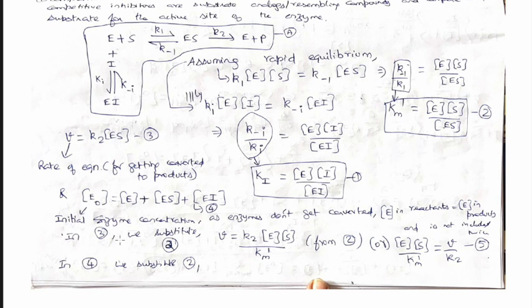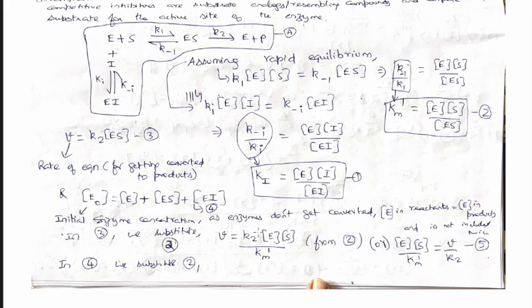In equation 3 we substitute V equal to K2 into ES, and in the second equation Km dash equals E into S by ES. So we substitute that and arrive at E into S by Km dash equal to V by K2.